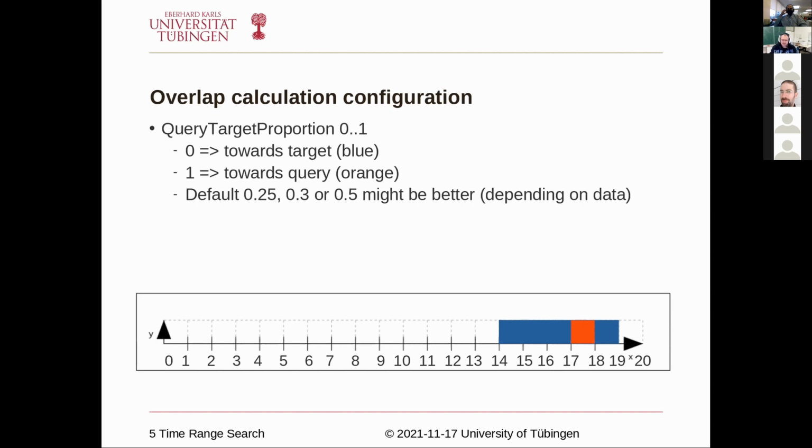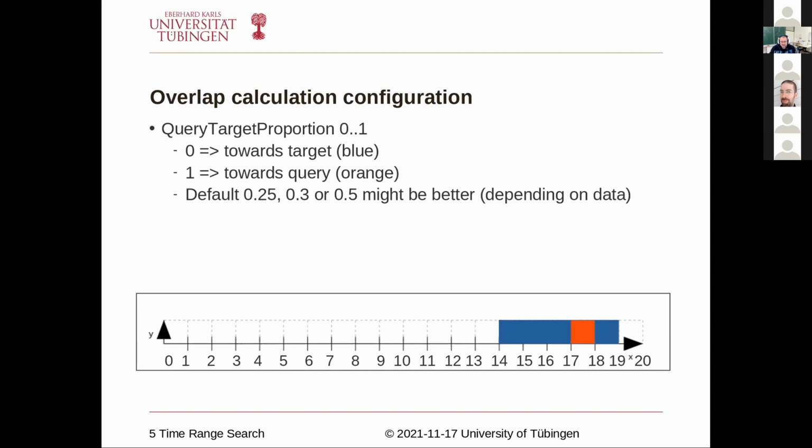The calculation mechanism is kind of complex, but it can be read through within the Javadocs of the BBox classes. To calculate the overlap ratio, what exactly happens is that the algorithm will set the so-called target area, which is the blue area, in relation to the so-called query area, which is the orange area.